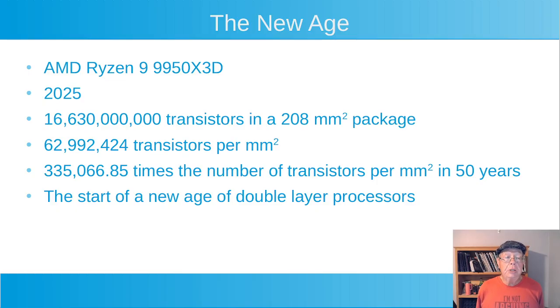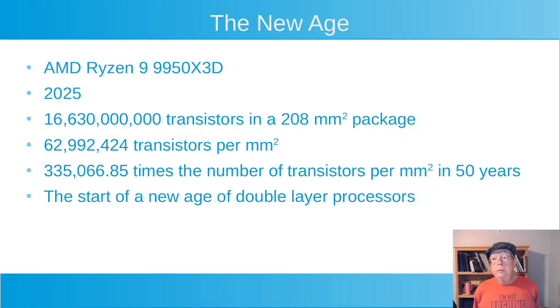This is the third generation of double layer chips. Now, it's not actually a full double layer. Only about 25% of the chip is 2 layers, but think, if you can put a second layer on top of a chip, all of a sudden the number of transistors per millimeter square goes way up, because up till now we've been talking single plane.